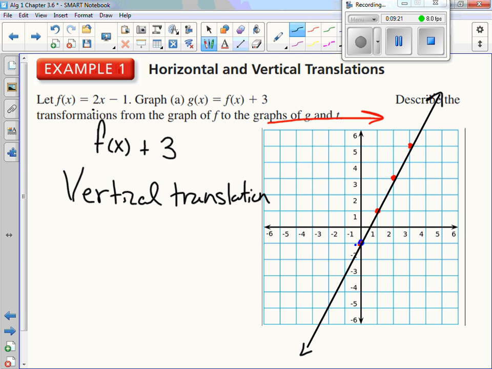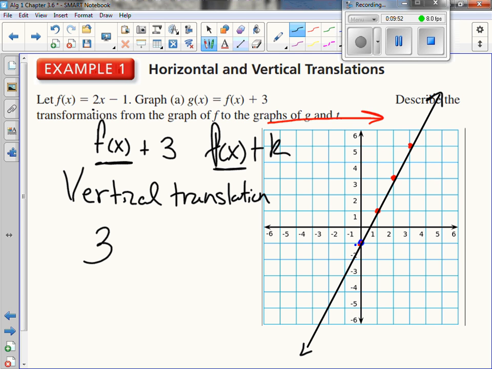What does k match up to? It's 3, because it's moving it 3 units. It's plus 3. We added 3 to it. Because this matches up with our f of x plus k. F of x matches up with f of x. The k matches up with the plus 3.